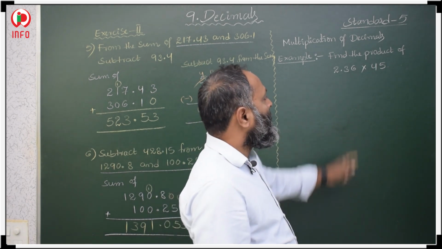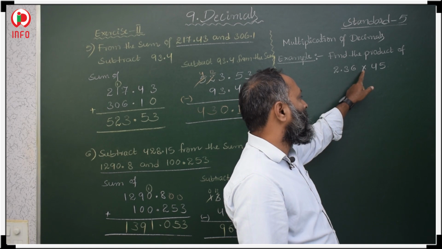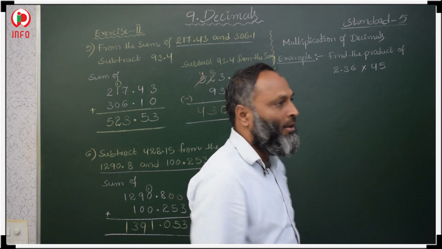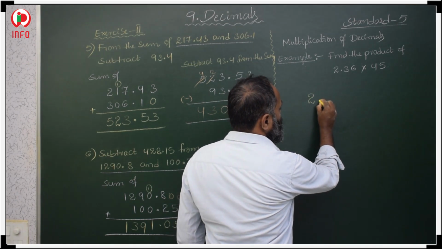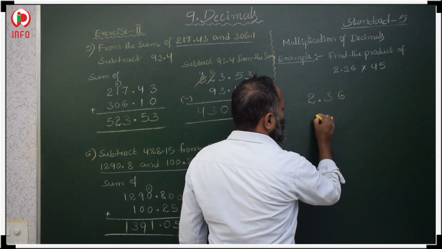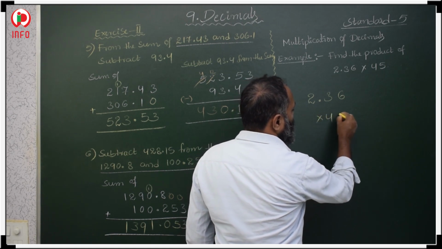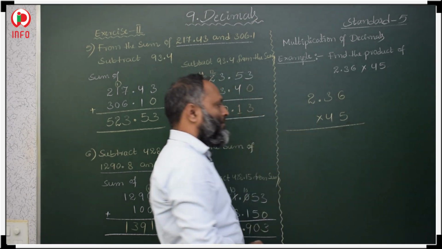See here, find the product of 2.36 with 45. Then how to multiply?